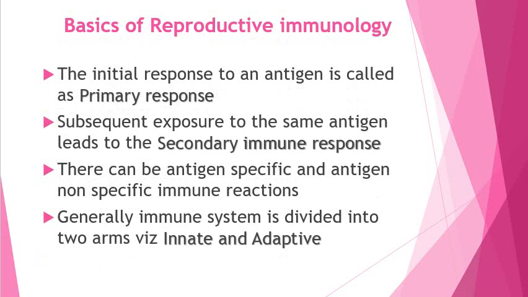So antigen can be either a microorganism or some molecule in case of toxins. The initial response to an antigen is called primary response, which occurs in 1 to 2 weeks of an assault. Subsequent exposure to the same antigen leads to what is called secondary immune response. There can be antigen specific and antigen non-specific immune reactions.